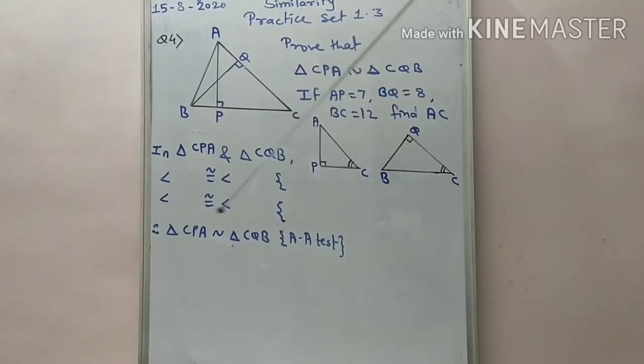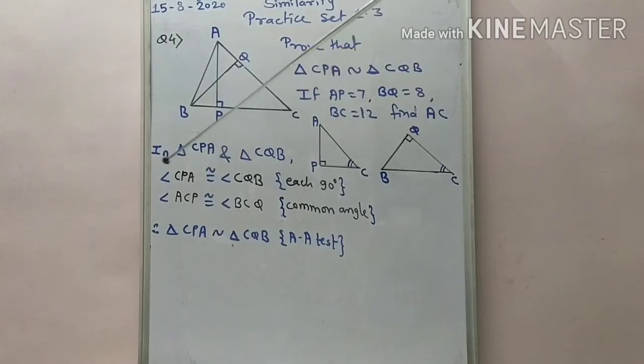So a common angle means, according to the property of reflexivity, each angle is congruent with itself. So for that common angle pair, we write down the second pair. So we get that the two triangles are similar by the AA test. So write down the names of those particular angles over here students. Try it. Is it correct? Yes. Here we write down the names of those congruent angles. Okay. So two triangles are similar by the AA test.